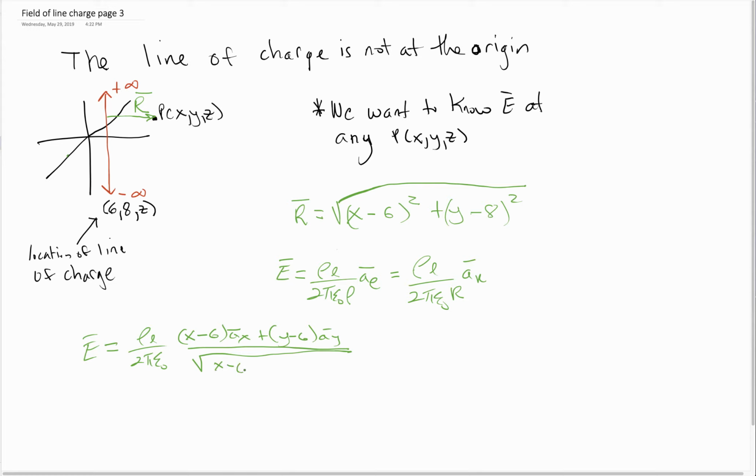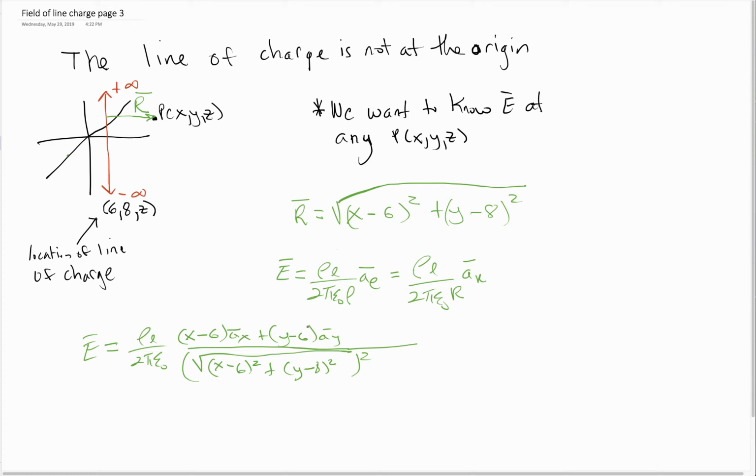x minus 6 squared plus y minus 8 squared, and then we have to make this a unit vector. So this is just going to be squared because we have our rho and then our unit vector, which is just the magnitude of the vector.